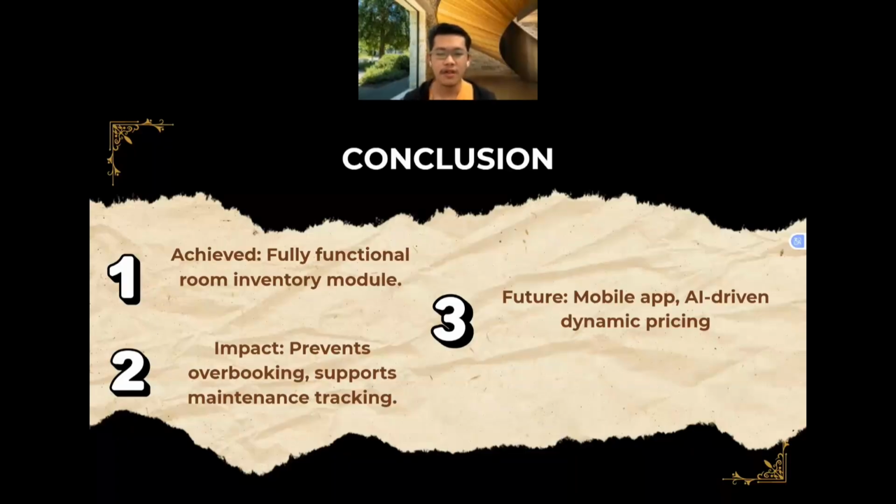In the future, we have a few ways to improve our system. One of them would be to create a mobile app so that our guests can find available rooms anywhere they want from their phone. Another one that we have come up with would be to implement AI into our system, because as we all know, hotel prices change with the season. If it's a holiday, the price would go up.